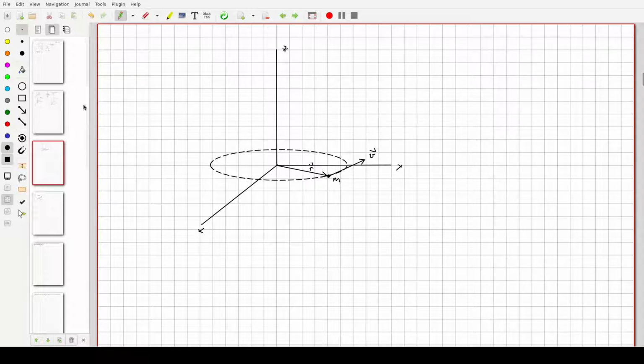Now that said, there are some unit vectors that we can look at here that are in circular polar coordinates. There's one unit vector that points this way, and there's also one unit vector that points this way, in the same direction as v. This one right here, we typically call r hat. R hat points along the direction of r, but it has a length of 1.